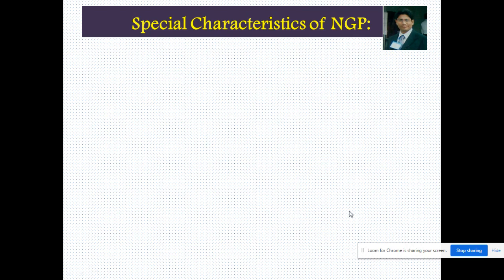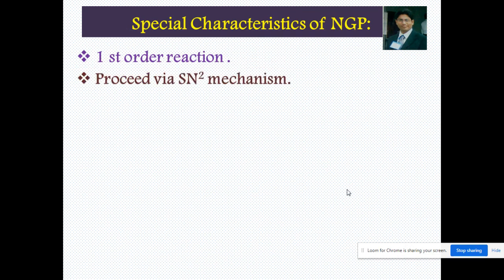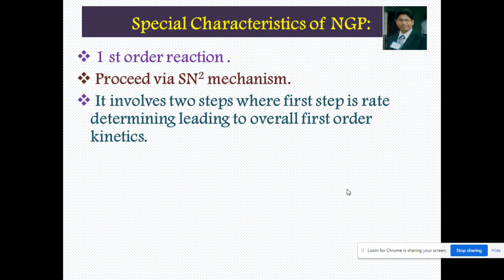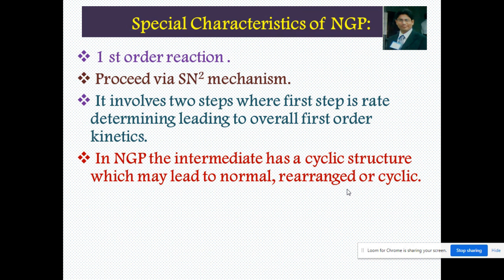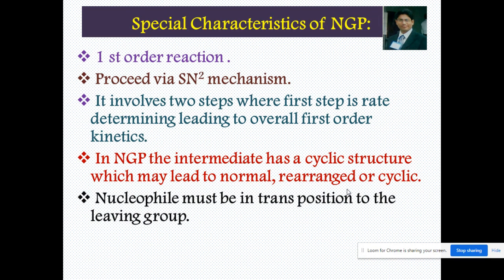So what are the special characteristics of neighboring group participation? This is a first order reaction. It proceeds via the SN2 mechanism. It involves two steps, where the first step is rate determining, leading to overall first order kinetics. In NGP, the intermediate has a cyclic structure, which may lead to a normal, rearranged, or cyclic product. The nucleophile must be in trans position to the leaving group.